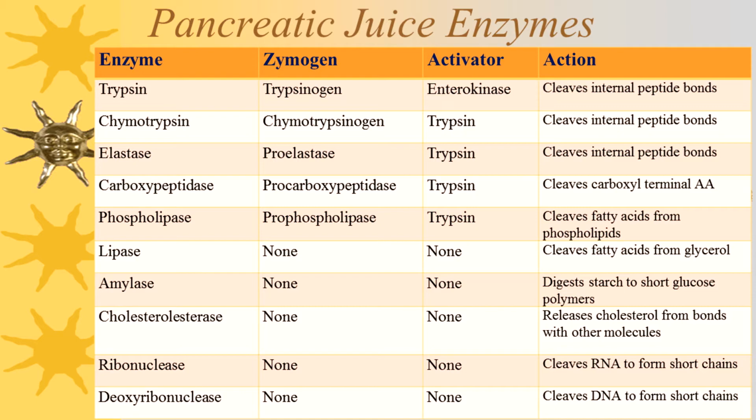So these 5 enzymes need to be secreted in this zymogen or inactive form. Then they need to be activated once they get into the lumen of the small intestine.